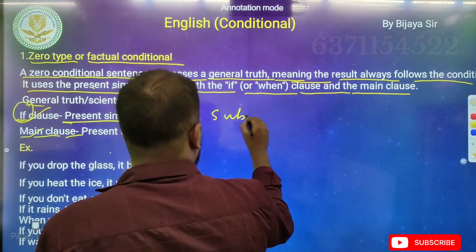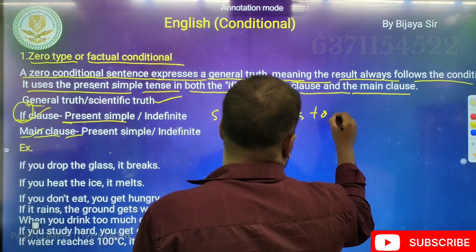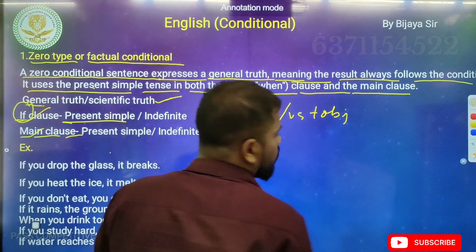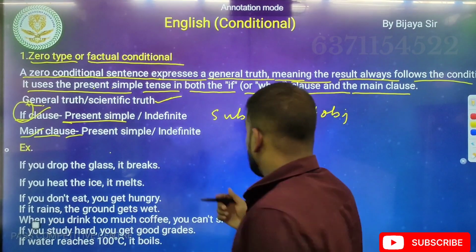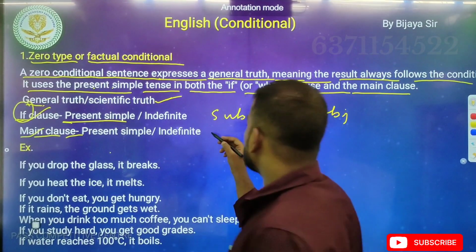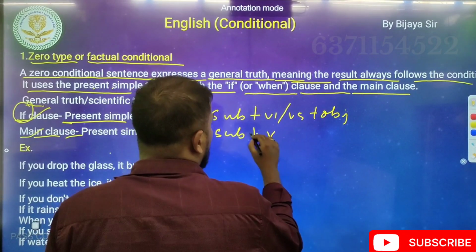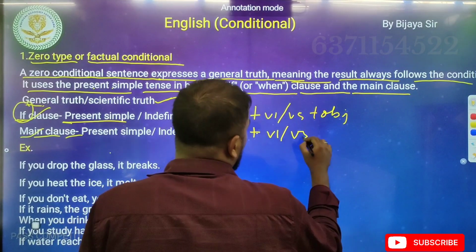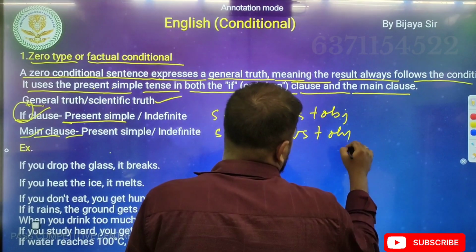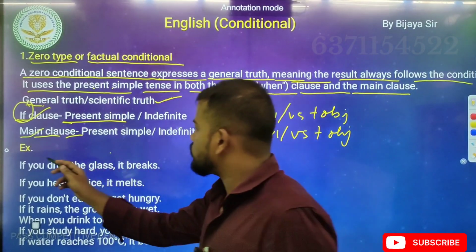That is subject plus V1 or V5 plus object. Similarly, present simple in the main clause, so the structure will be the same: subject plus V1 or V5 plus object, dear students.